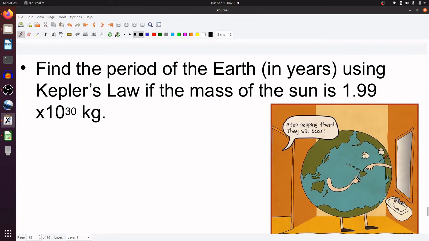So let's use Kepler's law to find the period of the Earth in years, if the mass of the sun is 1.99 times 10 to the 30th kilograms.